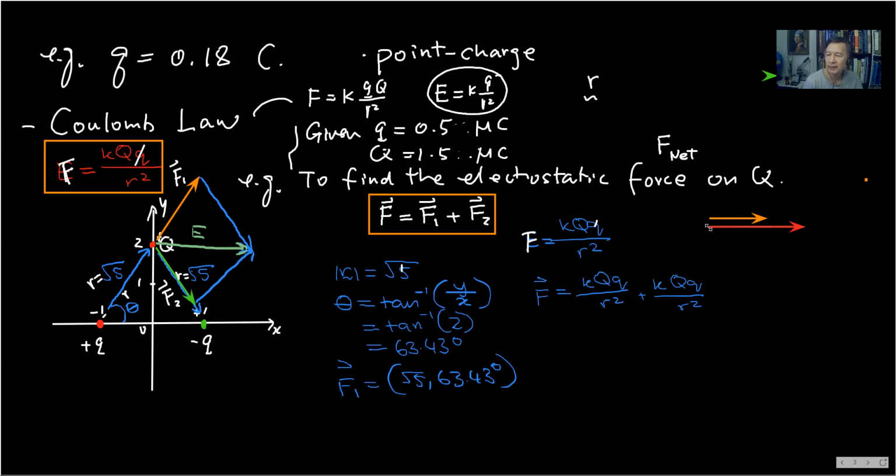In this case, we can use the sum. If one of them is anti-parallel, then we use a difference. This is a special case when the two vectors are on the same straight line. But in our case, the two vectors are not on the same straight line. Therefore, we cannot simply use this formula.